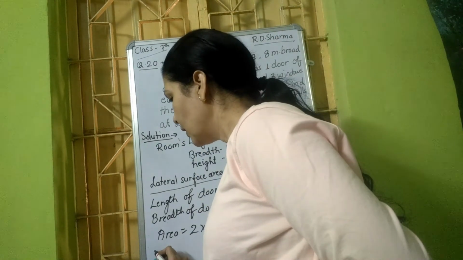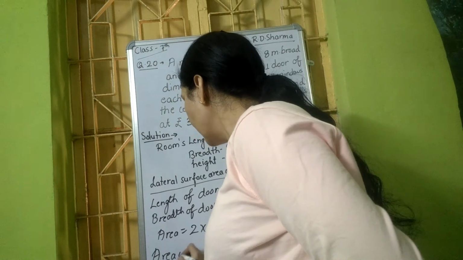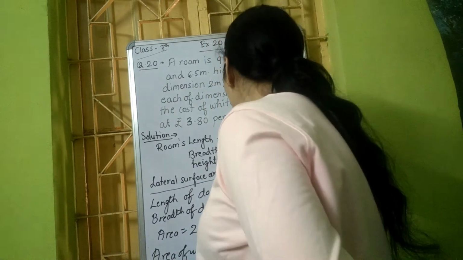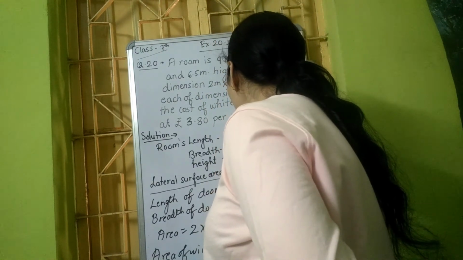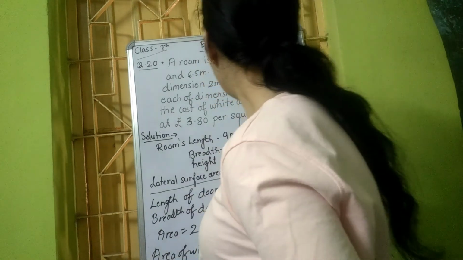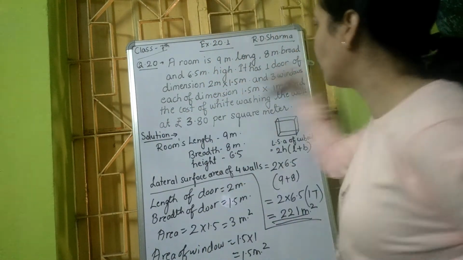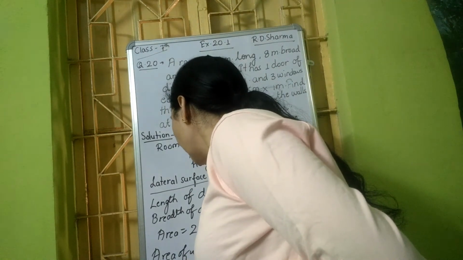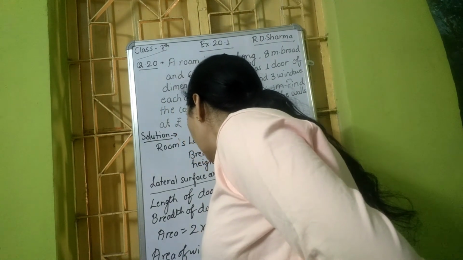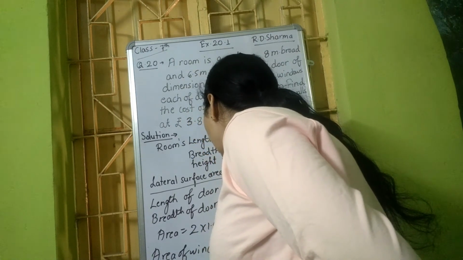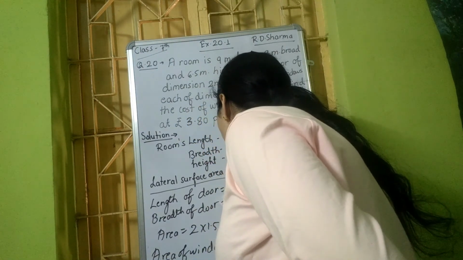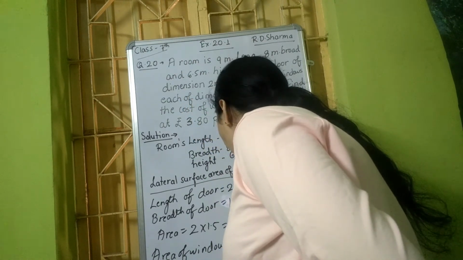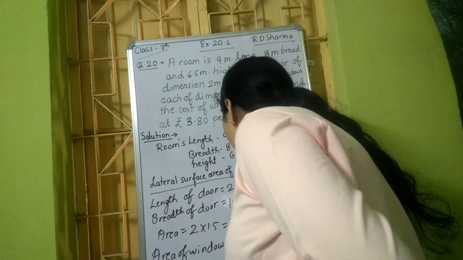So the area of a window will be, it's already given, one window's dimension is 1.5 into 1, so it will be 1.5 meter square. There are 3 windows like that, each of the dimension given, so we'll multiply it by 3. So the area of 3 windows will be 3 into 1.5 meter square, which gives you 4.5 meter square.